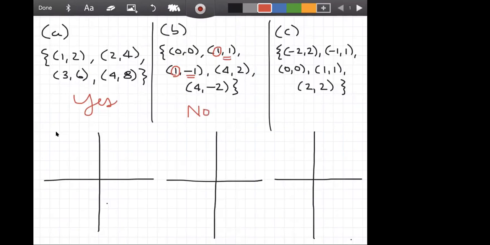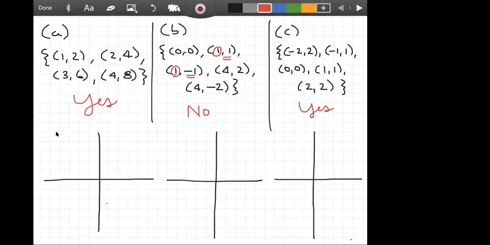Okay, so that would be a no. Letter C, I see 5 ordered pairs, and I see 5 different values of x: negative 2, negative 1, 0, 1, and 2. So that is a yes. Sometimes students get confused because there are some repeated y values in letter C, but that's perfectly okay. All right. Okay, so we have 2 functions and 1 relation that is not a function.